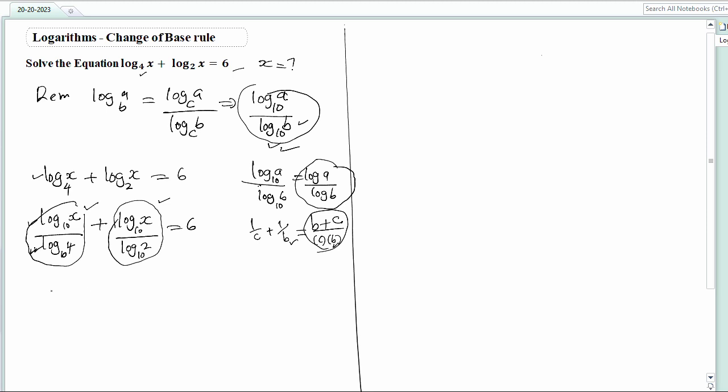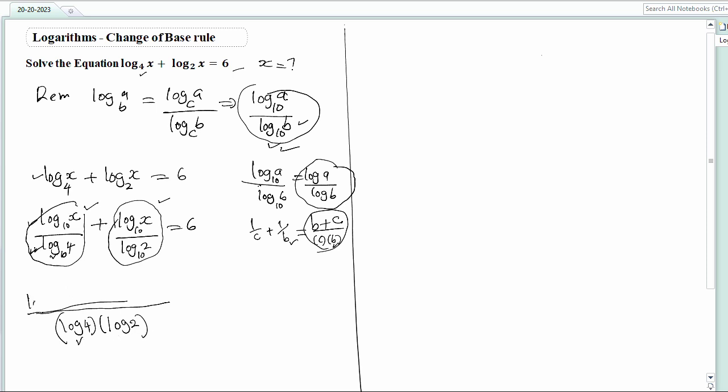What I mean is that I'm going to take the LCM of log 4 and log 2, and I'm just going to multiply the two. So I shall have log 4 multiplied by log 2, and that is going to be my LCM. Then I come back here, log 4 into the LCM gives log 2.